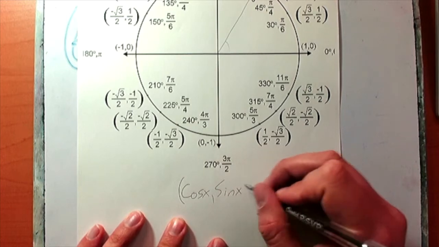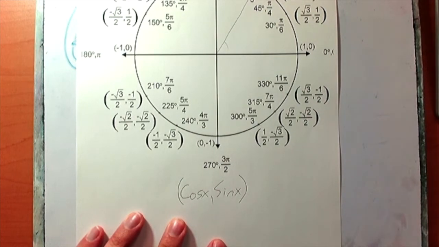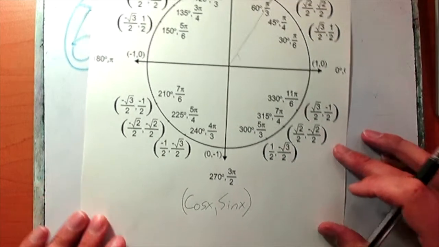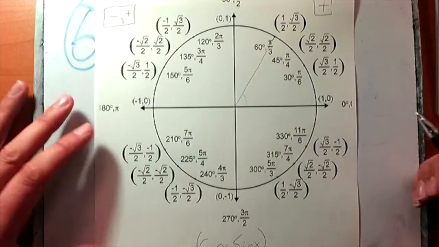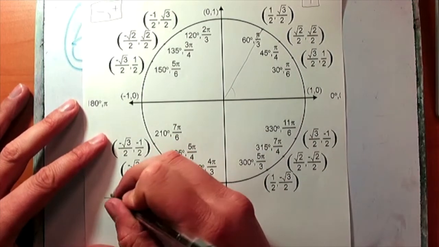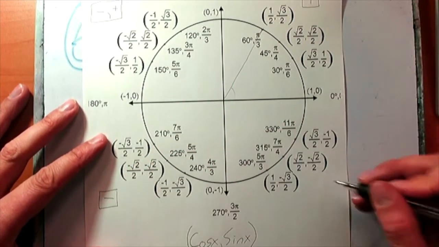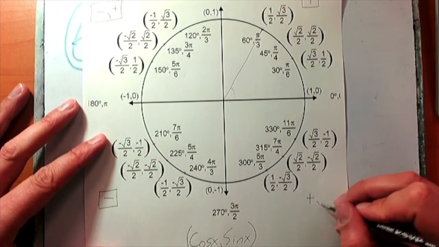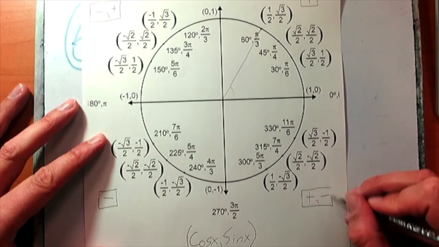And then sine x is next. What are you talking about, Mike? You will see in a moment. Here, both are positive. Here, both are negative. Here, cos is positive and sine is negative.